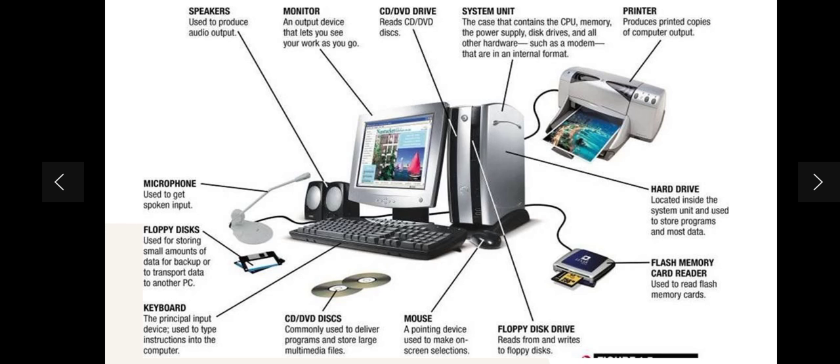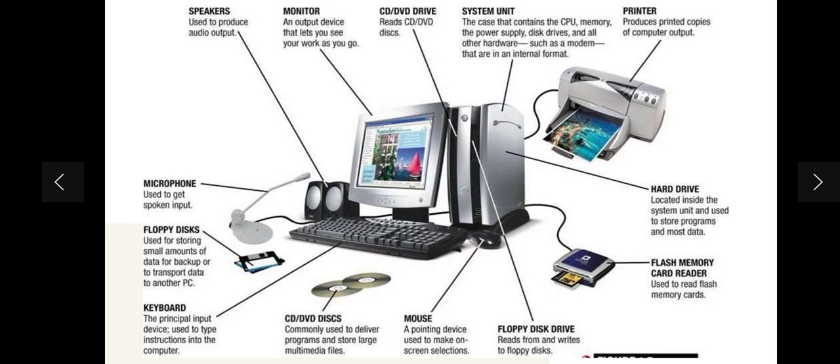Then we have the mouse. The mouse is a pointing device used to make on-screen selections. Then we have the CD or DVD disc, commonly used to deliver programs or store large multimedia files. Then we equally have the keyboard, which is the principal input device used to type instructions into the computer system.